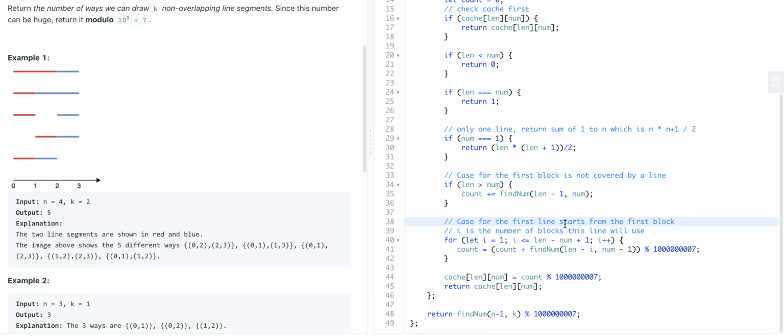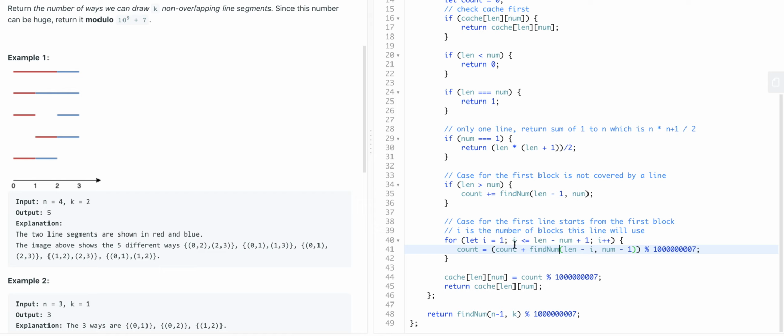And then we do the second case, where the first line starts with the first block, so we're going to occupy the first block. But like I said, the first line could have a length from 1 until length minus k minus 1. So that's why we do this for loop like this.